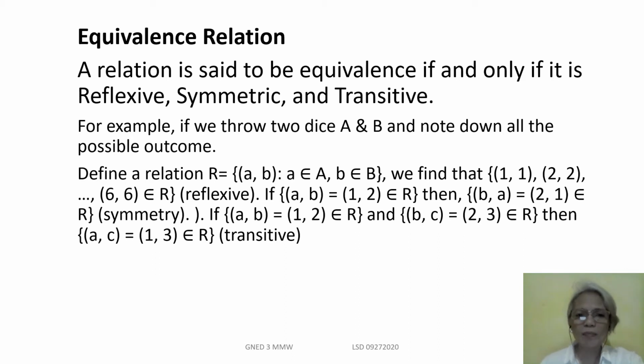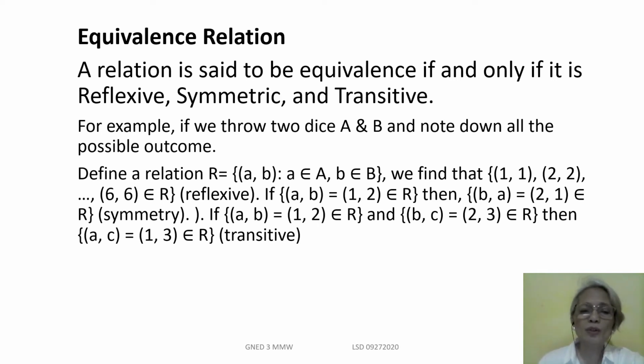So for example, we throw a pair of dice, A and B, and note down all the possible outcomes. Again, there are 36 possible outcomes. We have (1,1), (2,2), up to (6,6) as reflexive, showing the reflexive property. Then we also have the symmetric property because (1,2) can be presented as (2,1).